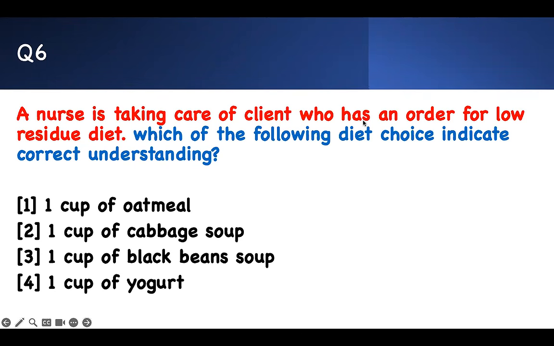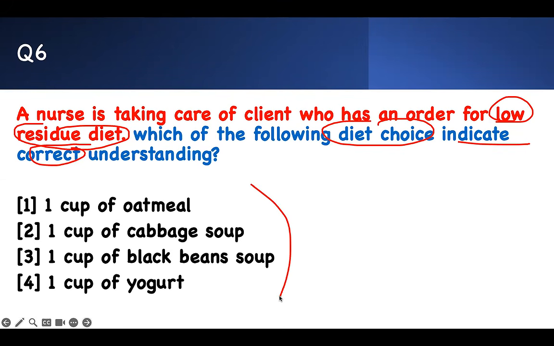Which of the following diet choices, the same thing, indicates correct understanding? A nurse is taking care of a client who has an order for a low residue diet. Rewrite the question in your own words: low residue diet, what does that mean? Low fiber diet. That's all.